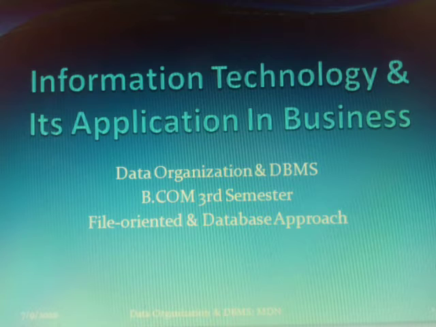Some might have both read and write, so they can write some data into it as well as read it, but they cannot execute. And some users might have execution permission, which means they can execute some work on that file with the data. So there are various levels of permission. This type of permission access is given in a database, which is not available in the traditional file approach.